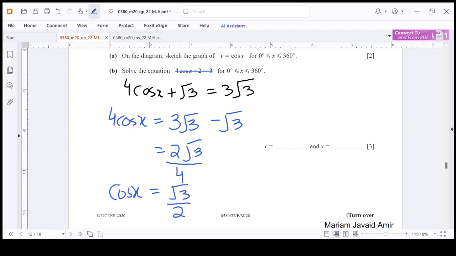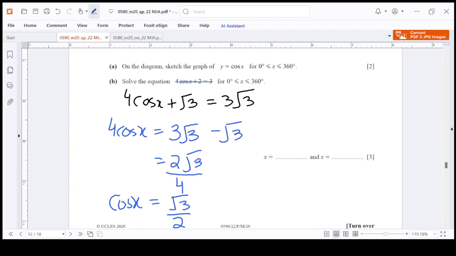Now you have to find cos inverse of square root of 3 upon 2. This makes it a question on exact trigonometric values. You need to remember what angle x gives cos x equal to root 3 over 2. You need to have the table memorized.